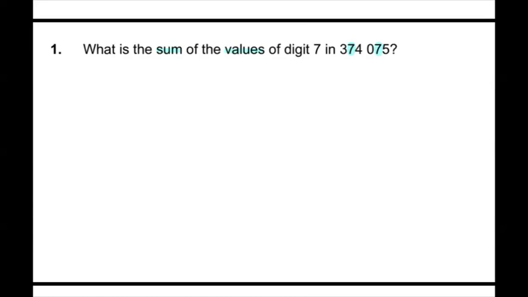If you look carefully, you should be able to tell that the first digit 7 has a value of 70,000 as it's in the 10,000s place. And the second digit 7 has the value of 70 as it's in the tens place.